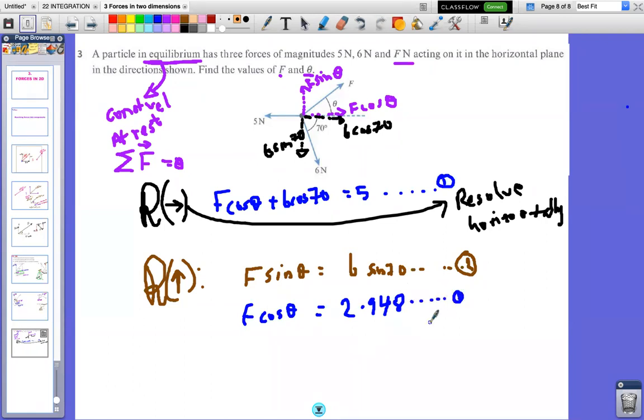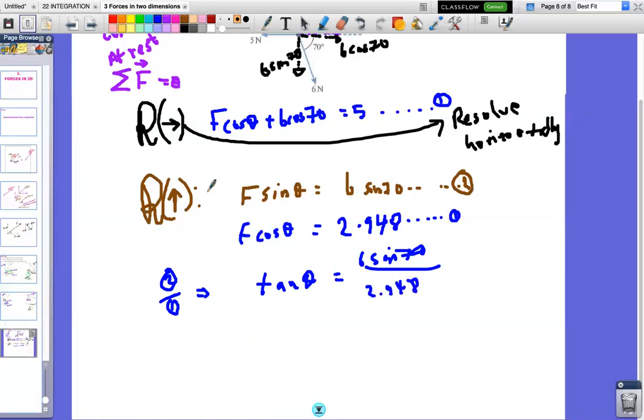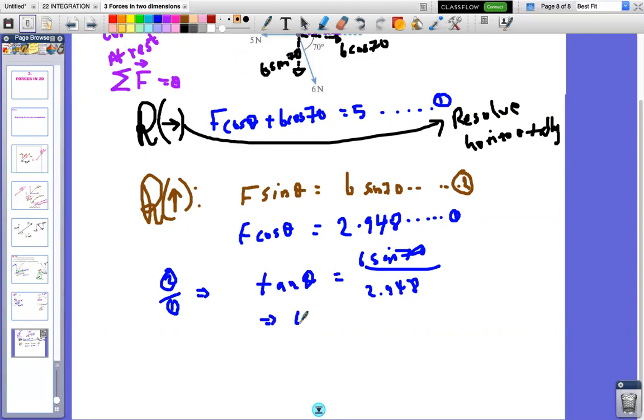So to solve equation 1 and 2, we can first divide equation 2 by equation 1. We will have tan theta equals 6 sine 70 divided by 2.948, giving us theta equal tan inverse of that.